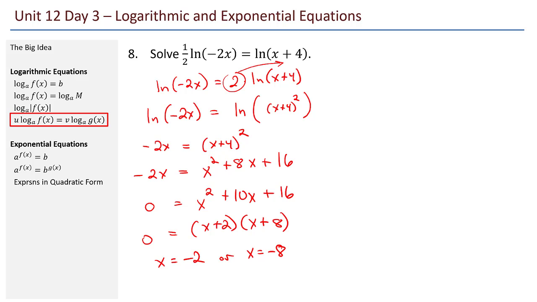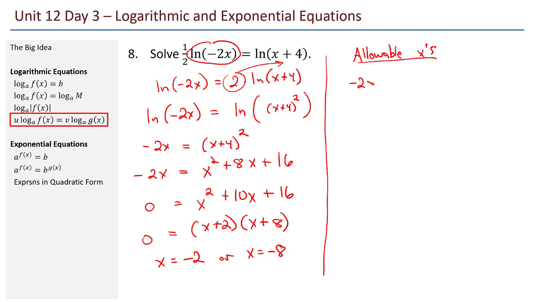Let's check for extraneous solutions. In the first log, negative 2x has to be strictly greater than 0. So negative 2x greater than 0, which tells me I could divide both sides by negative 2, and when you divide by a negative, it reverses the direction of the inequality. x is less than 0.